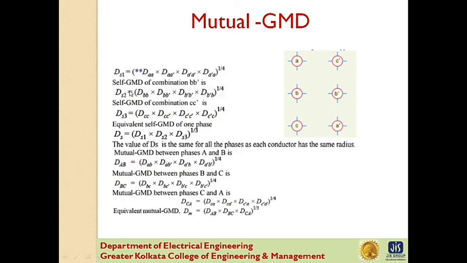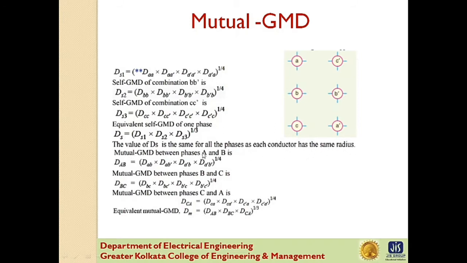In the same way we find the self GMD of the combinations BB' and CC'. Now the equivalent self GMD is Ds equals (Ds1 into Ds2 into Ds3) whole to the power 1 by 3. The value of self GMD is the same for all phases as each conductor has the same radius.